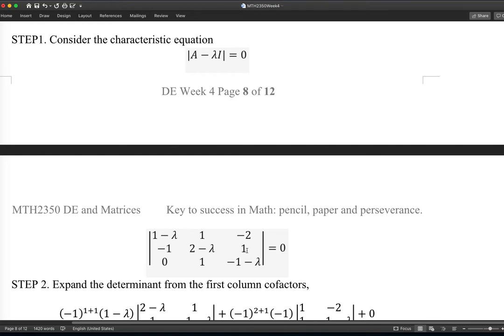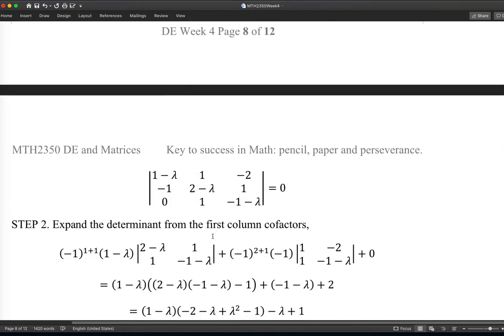Quick review: for the determinant of a 3 by 3 square matrix, you can expand from any row or any column. Usually it is better to choose a row or column with zeros. So this is what I did. I chose the first column because there is 0 as the last element, and then I use cofactors.